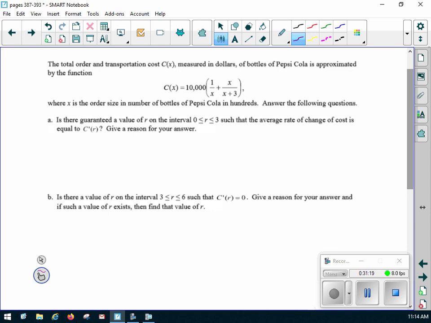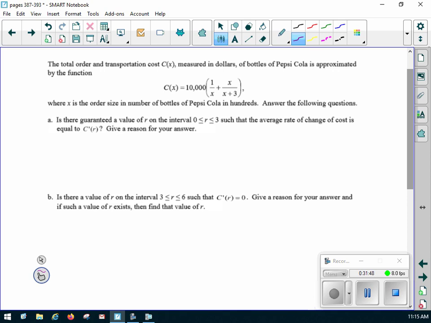One of the things that you want to do in business is minimize your cost and maximize your profit. Let's take a look here. The total order and transportation cost, C of X, measured in dollars, of bottles of Pepsi, I don't like Pepsi, is approximated by that function, where X is the order size in numbers of bottles of Pepsi in hundreds, so hundreds of bottles.